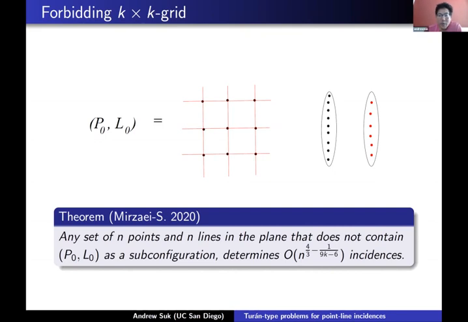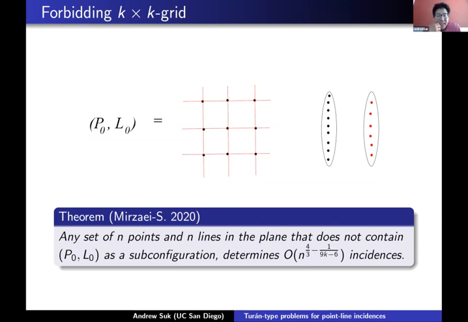So indeed, if you do have n points and n lines in the plane with many incidences, you should have some kind of grid structure. However, I don't think we really answered Erdős's question, because when he wanted to find grids, I believe he also wanted these diagonal lines as well, which unfortunately we weren't able to say anything about.